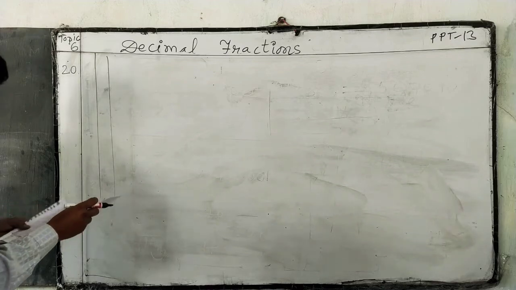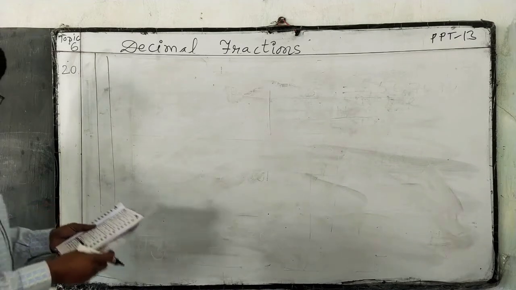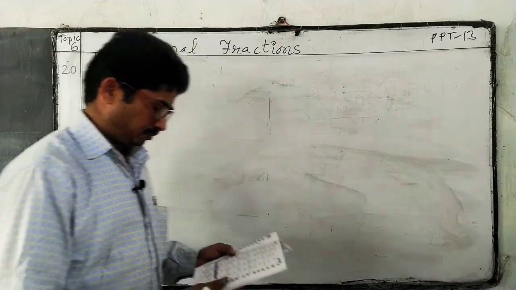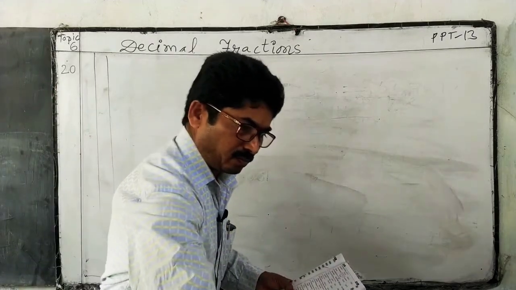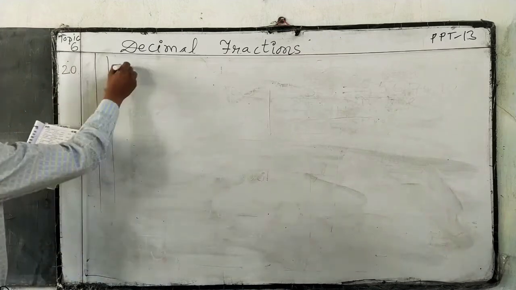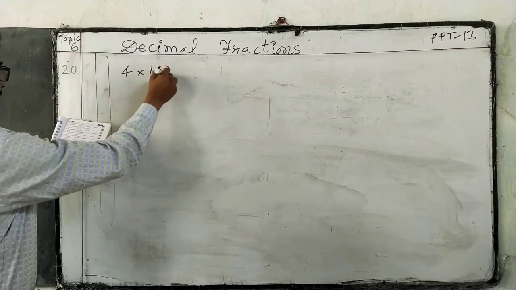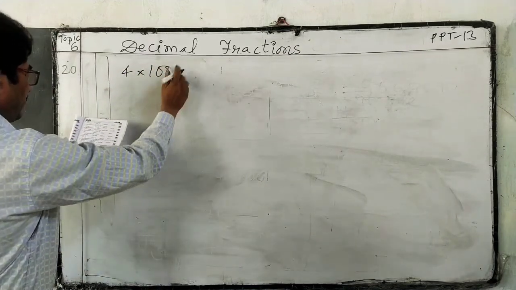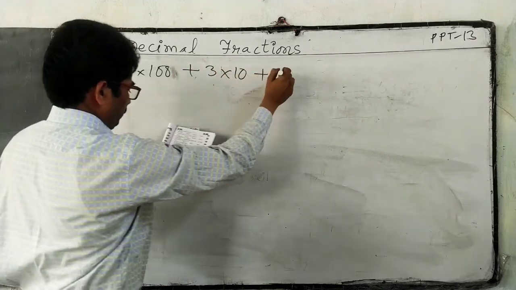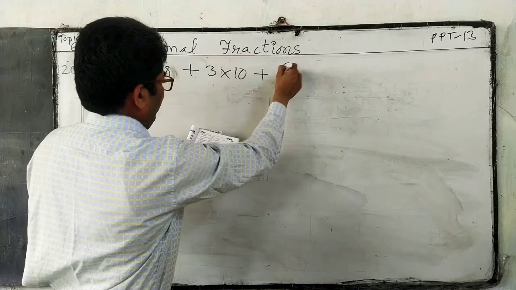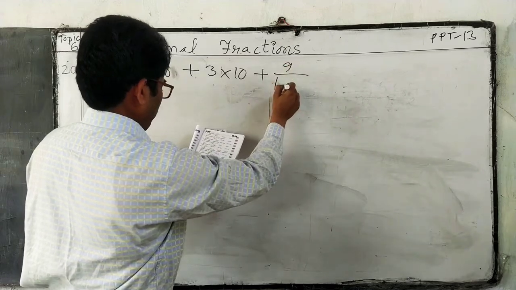Question number 20. The value of 4 into 100 plus 3 into 10 plus 9 by 1000.